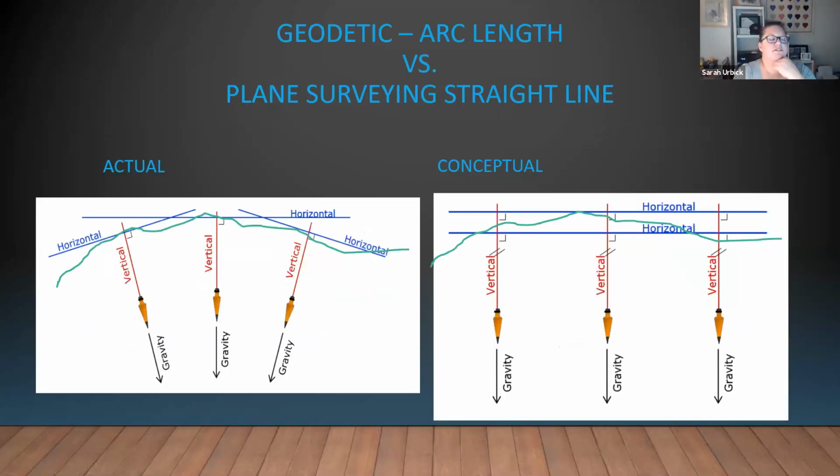This was an interesting graphic that I came across. If we look at how measurements are taken, in a plane survey we are dealing with vertical and horizontal lines. We're not dealing with the curvature. So we are dealing with nice straight lines, 90-degree angles, the geometry and mathematics that we're comfortable with, that we've grown up with. When we're dealing with geodetic surveys, everything is an arc length.